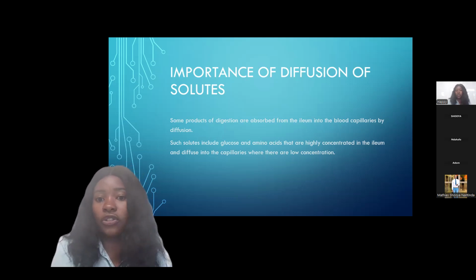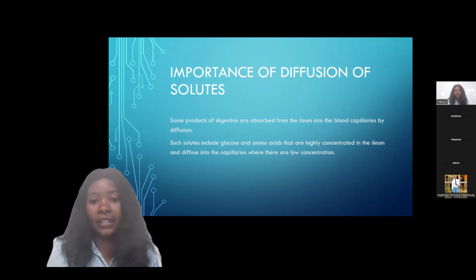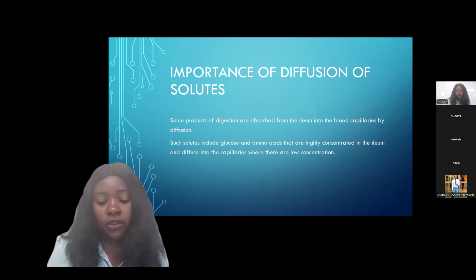And then it has to be absorbed by the ileum, which is the small intestine. With the help of diffusion, that food then moves from the small intestine into the blood capillaries. By solutes, we are talking about glucose and amino acids, so that glucose can be transported to the rest of your body parts, so you can use it for energy.